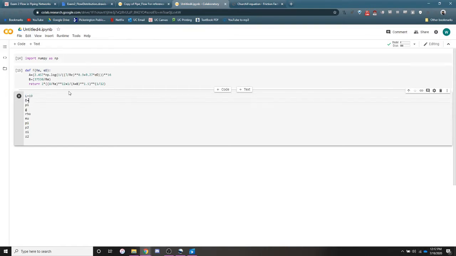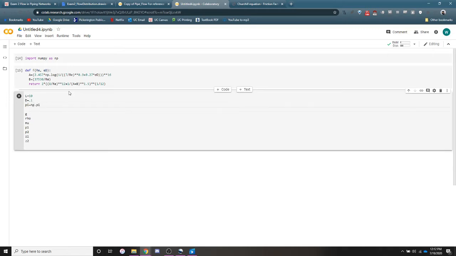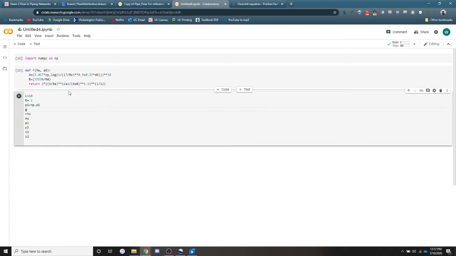The diameter is going to be 10 centimeters. Pi is equal to np.pi. g is equal to 9.81. Rho, since we're working with water, is going to be a density of 1,000.